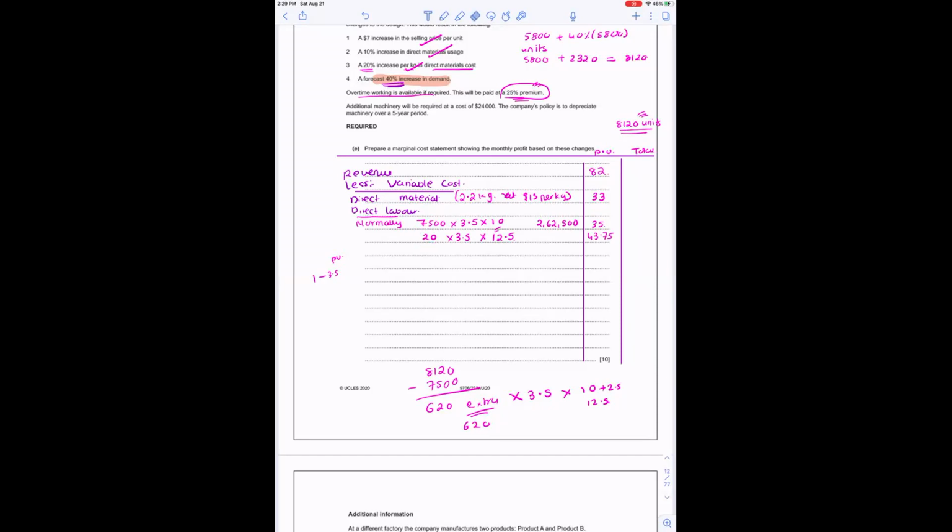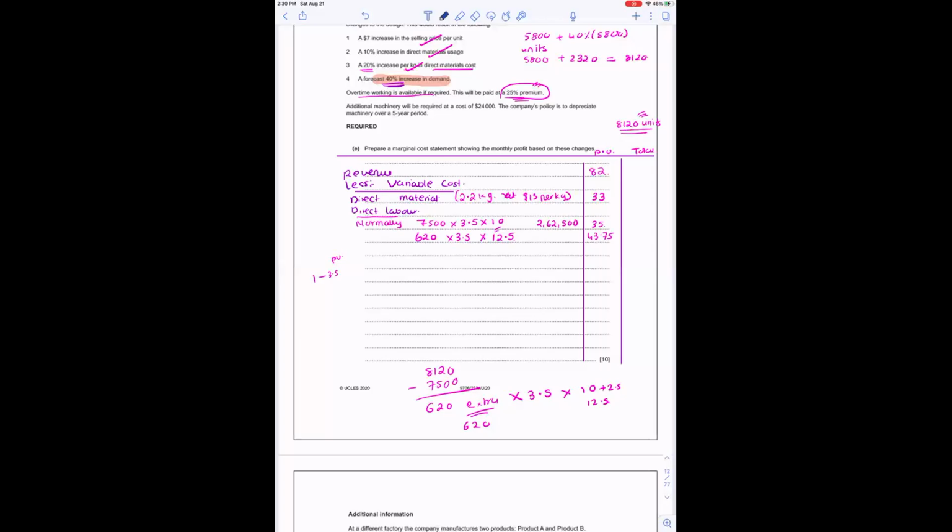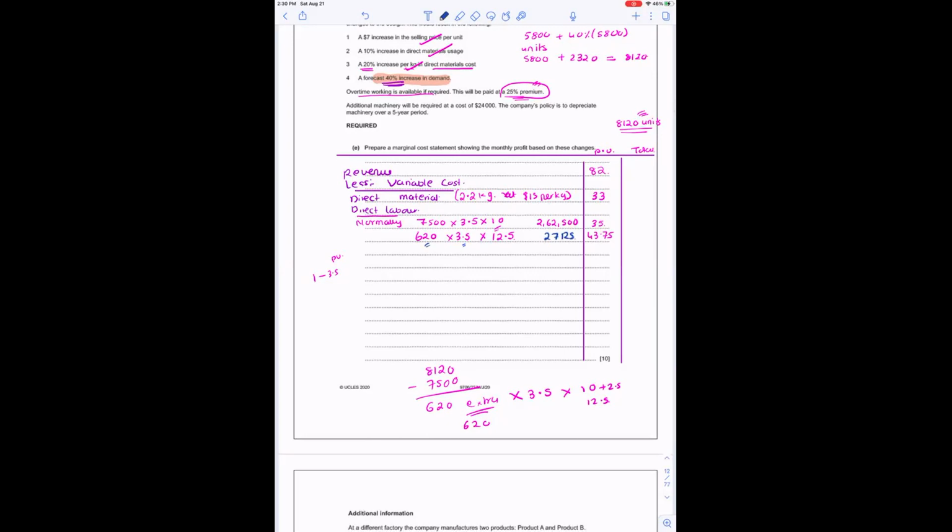Let's see what is the total coming up to. 620 units into 3.5 hours into 12.50. It is coming up to 27,125. So my direct labor I have already added. So just add both of these.